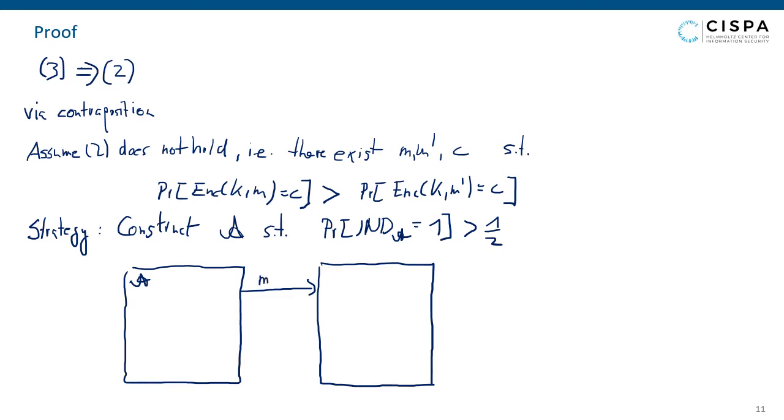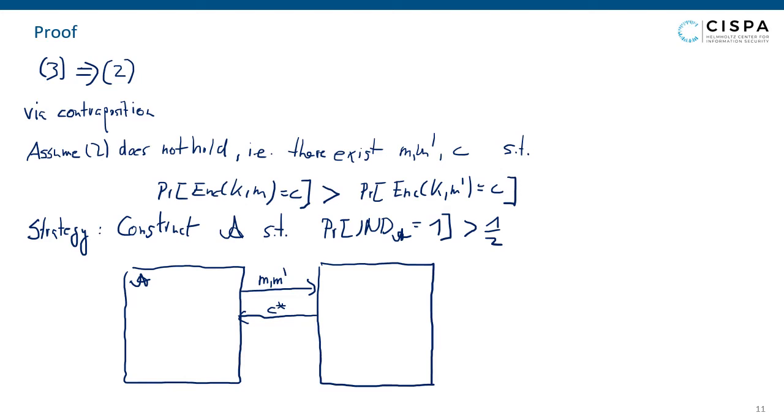The challenger will do his thing: first generate a key, flip a bit, and then encrypt either M or M prime under this key and return the challenge ciphertext to the adversary.